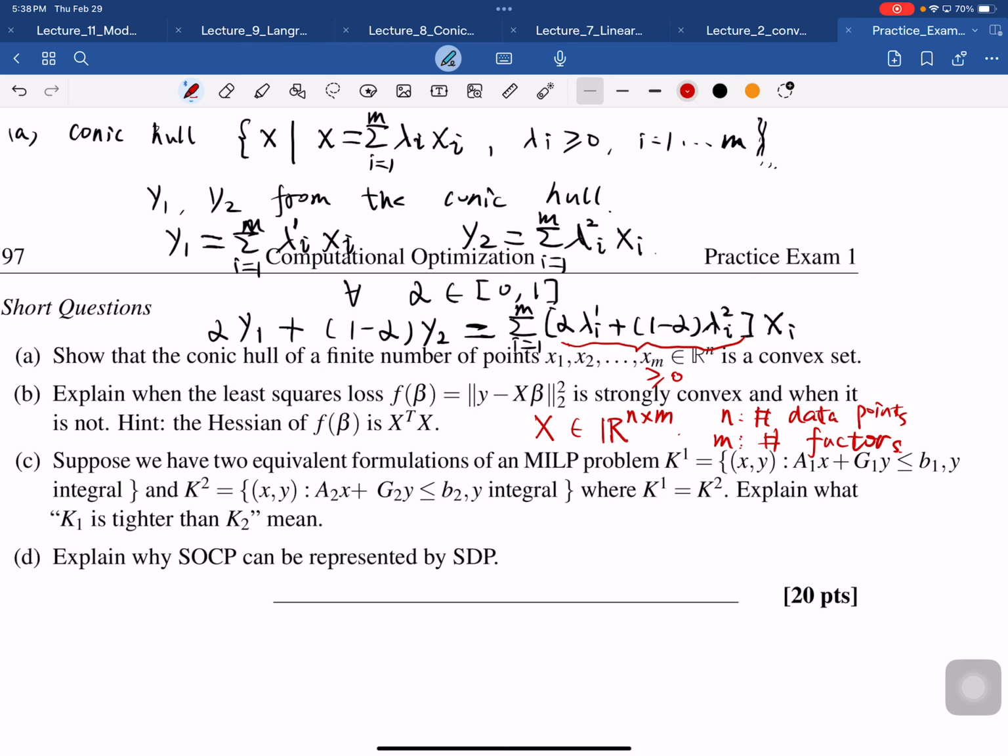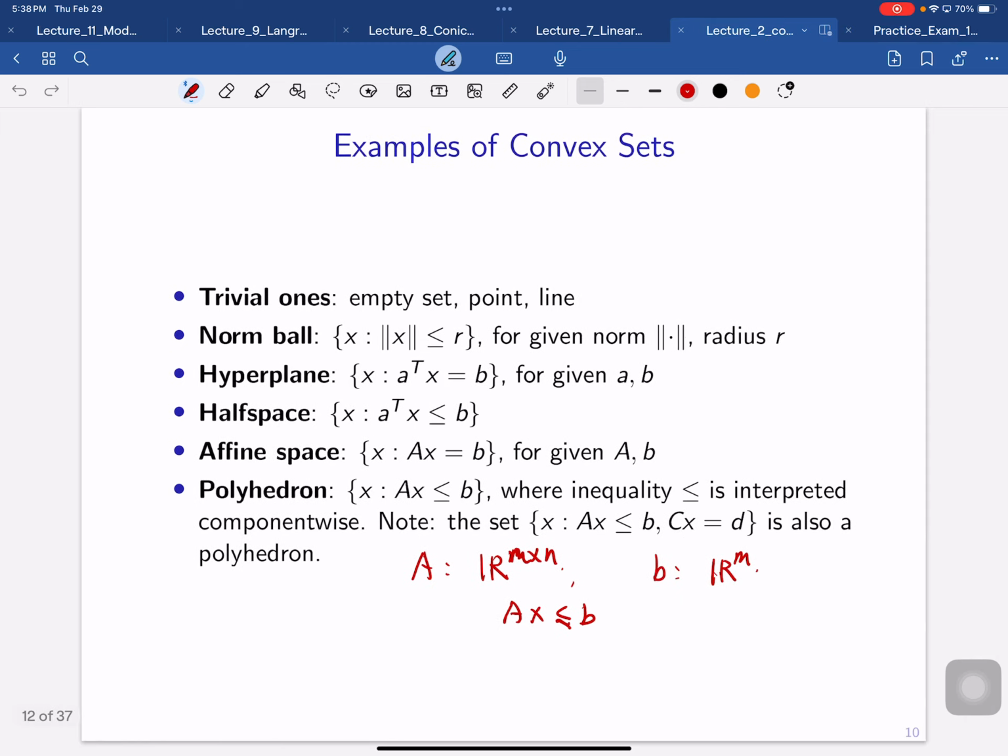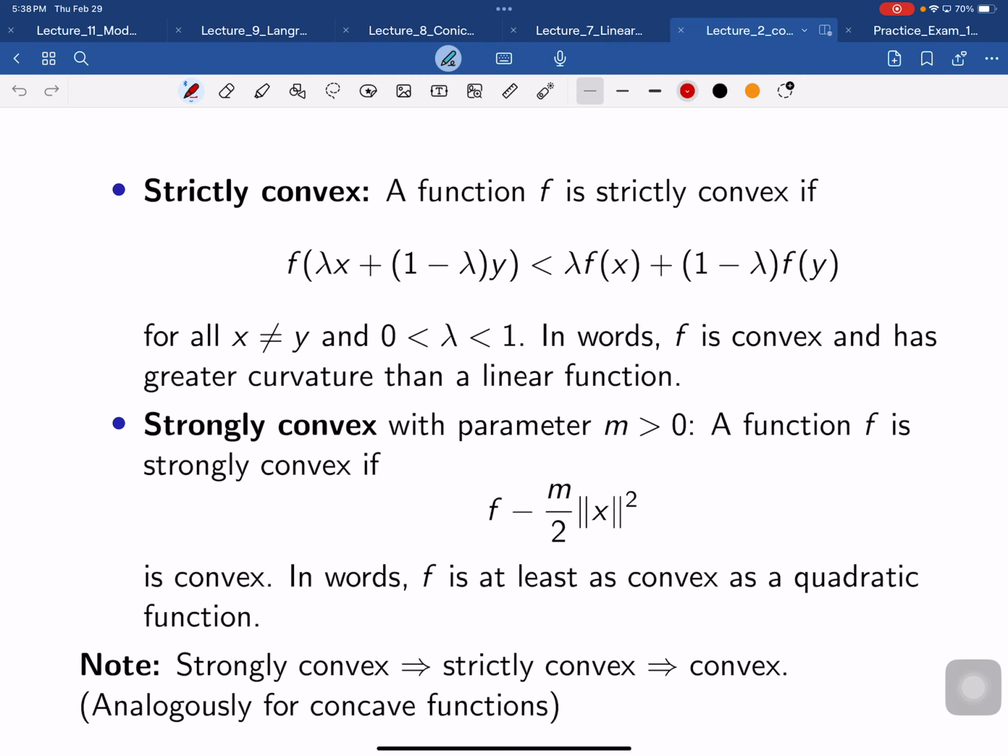So maybe you don't remember the definition of strongly convex. At this point, we can go back to the notes. Here's a definition of strongly convex. A function is strongly convex if there exists a parameter m strictly greater than 0, such that even if you deduct a quadratic function of x from f, the remaining function is still convex.